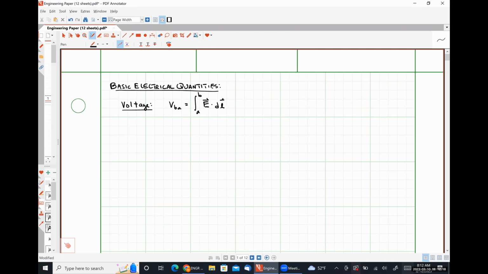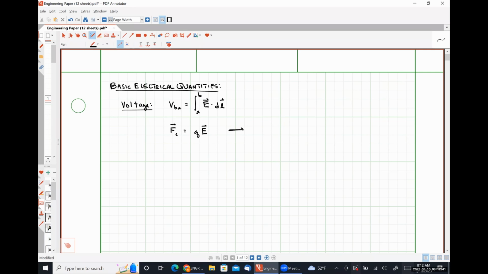So the electrostatic force, F sub E, is equal to charge times electric field. This is commonly called Coulomb's law.